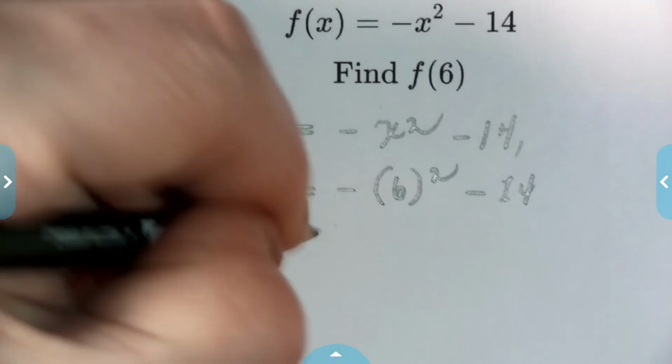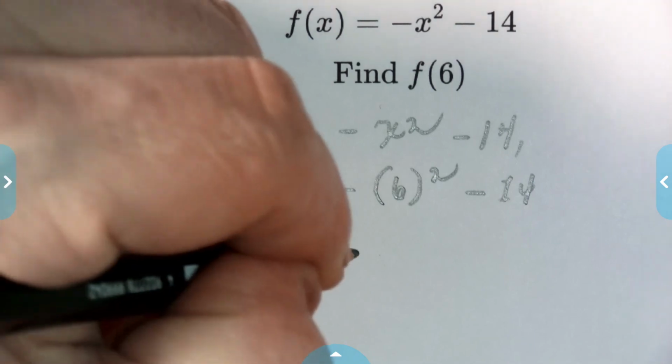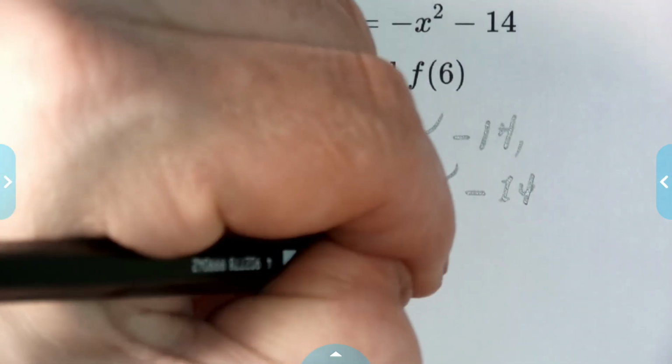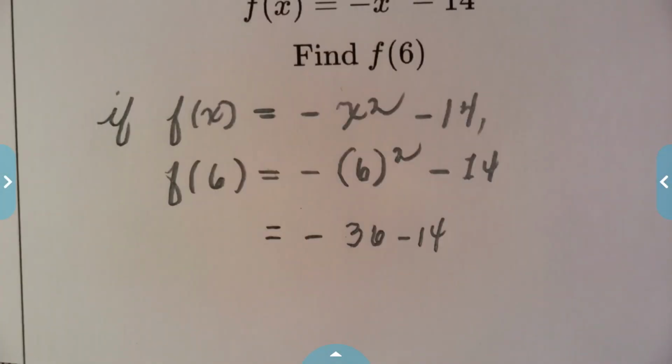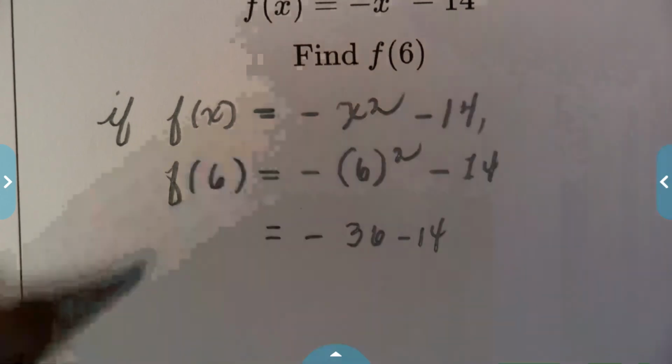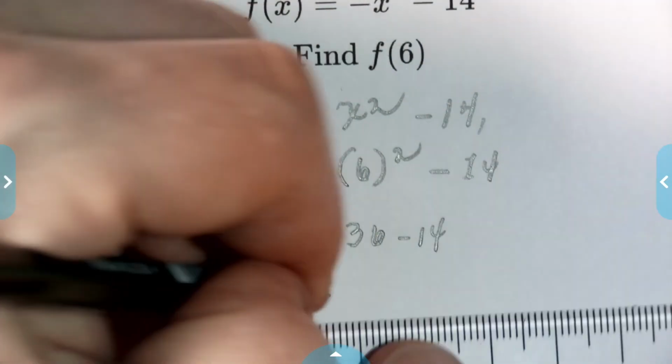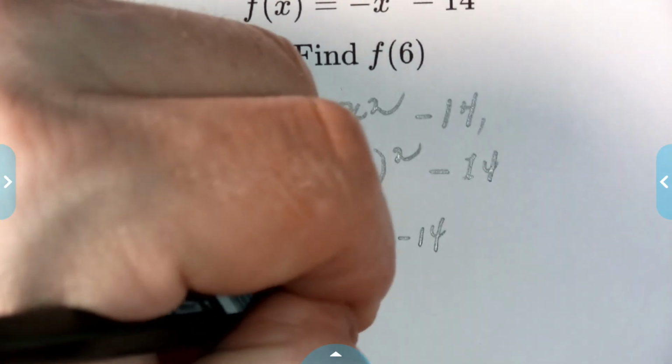Okay, so that's equal to negative 36 minus 14, which is an addition problem. 36, 46, 50. So that would be negative 50. Oops.